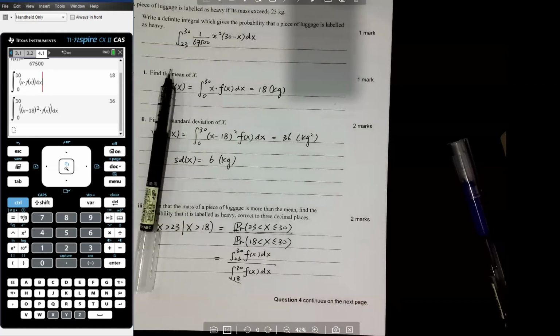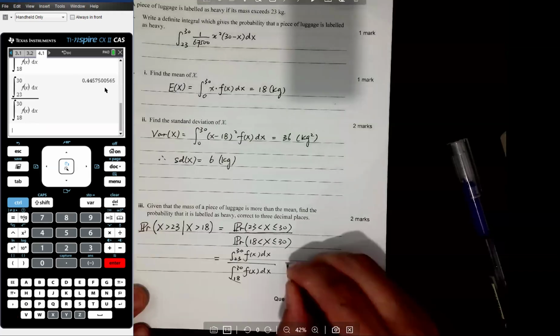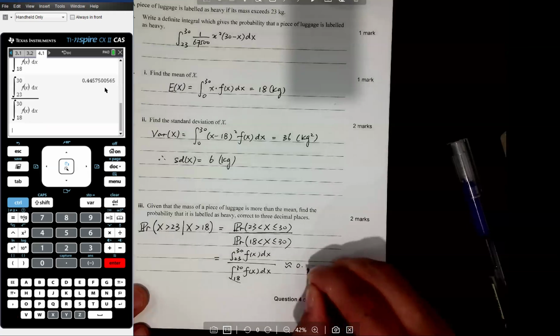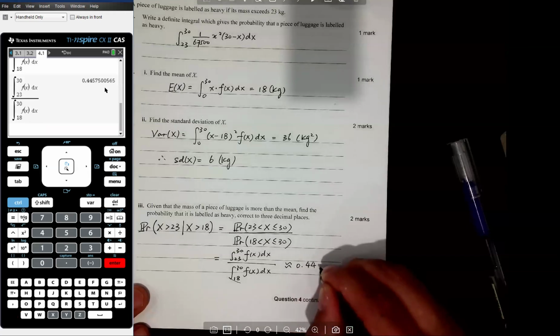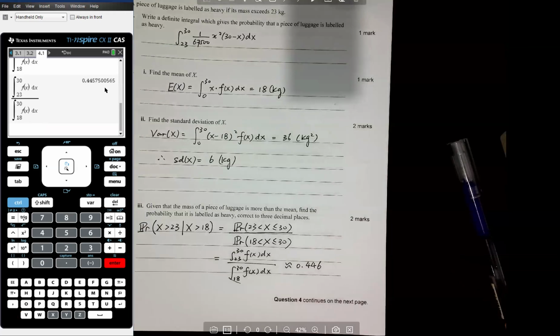What you're going to do is do this one, put the 23 here, delete the x, and also divide it by, you press Control, divide, and then Control V again. Then put an 18 here. So this is the exact value, and this is the decimal value. So it's roughly 0.446, okay, if I'm not mistaken.